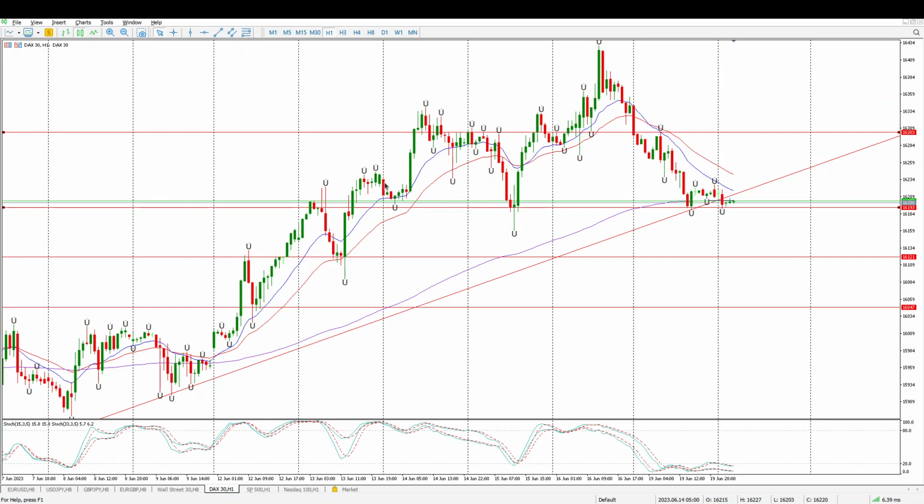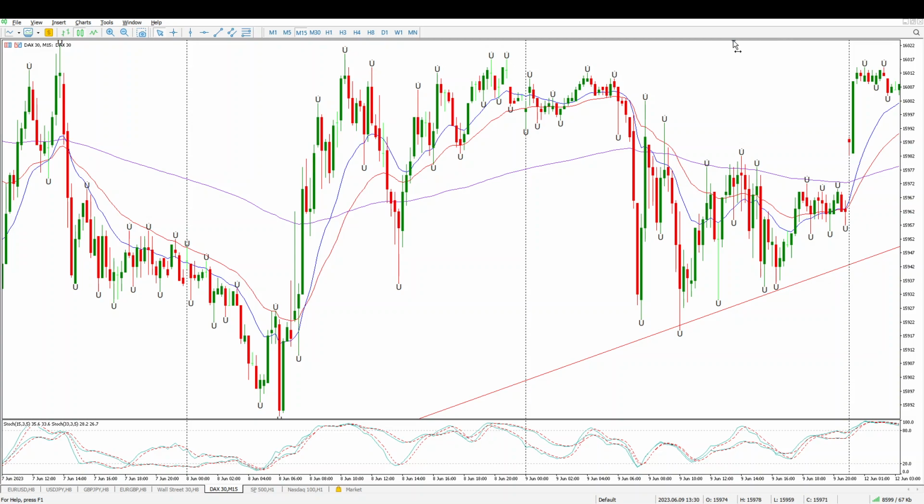This has been tested quite successfully, it tested there yesterday, so we do have another setup here. If this is the bottom of the range and the top is up here, then I would expect us to clear 16,226. Let's get down to 15 minutes and you will see what I'm talking about.